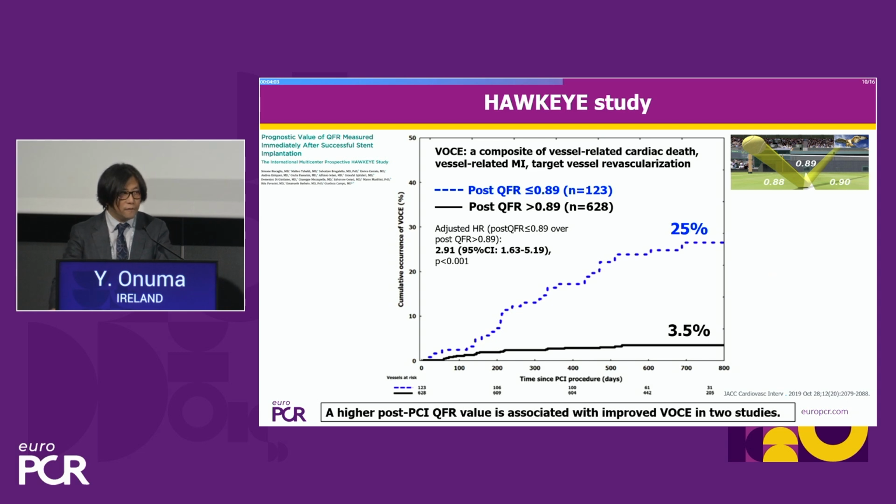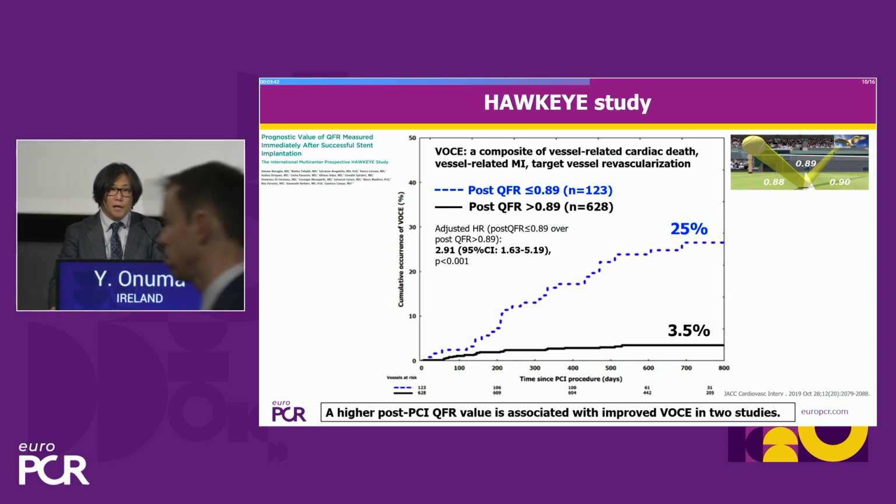Slightly different cutoff criteria, but basically the post-procedure QFR really divides the outcome of the vessel. So vessels with a high post-procedure QFR greater than 0.89 have a low event rate of 3.5%. However, vessels with a low post-procedure QFR value equal or less than 0.89 had a higher event rate of 25%.